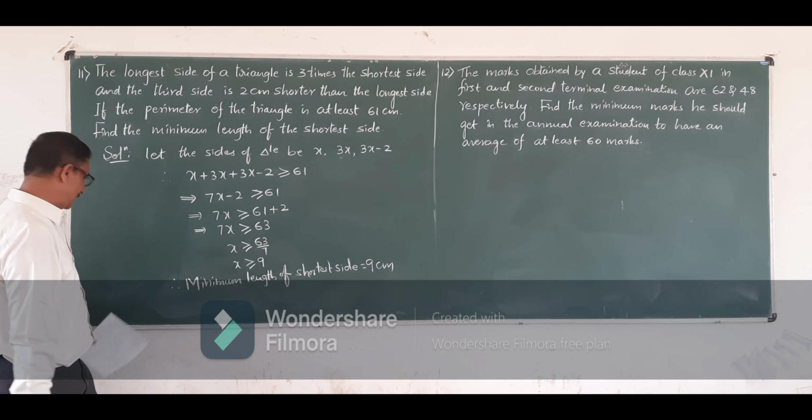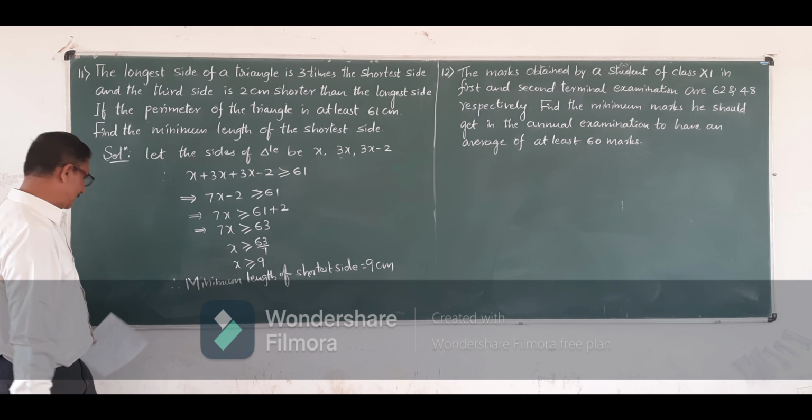The sides are: 3x is 3 into 9, 27, and 3x minus 2 is 3 into 9 minus 2, 27 minus 2, 25. Okay, therefore sides are first side 9, second side 27, third side 25.